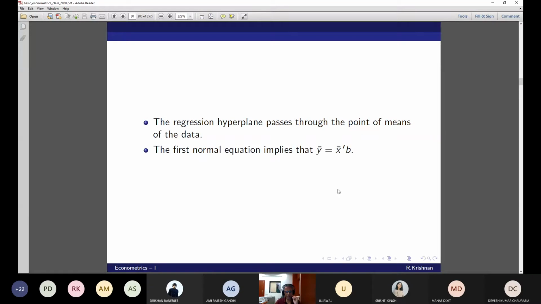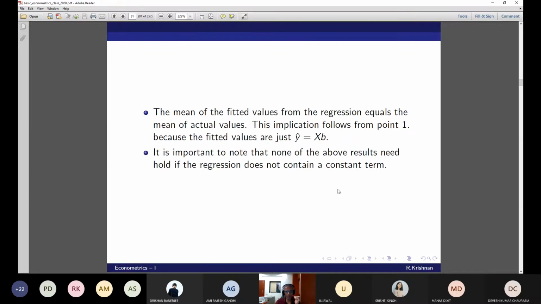In non-technical language, the hyperplane is simply the fit. The mean of the fitted values from the regression equals the mean of the actual values. This implication follows from the first because the fitted values are y hat equals X beta. It is important to note that this will break down if the regression does not contain a constant term.